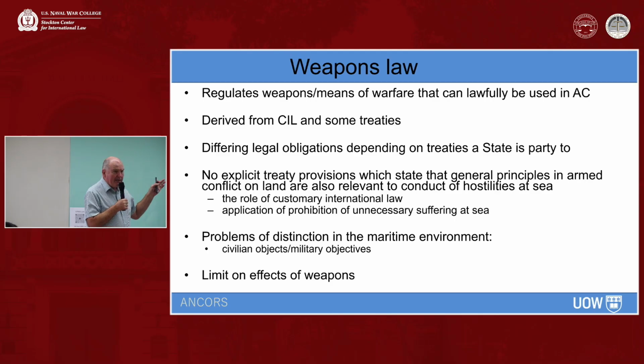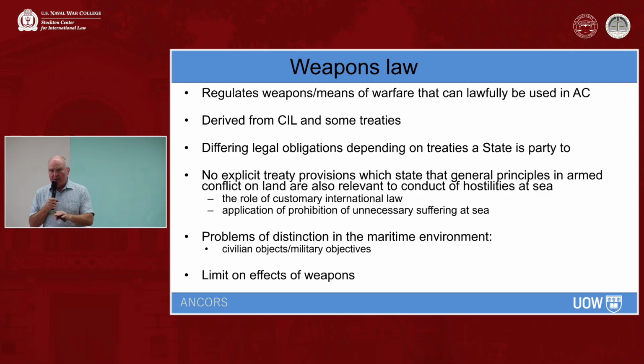We've talked already a couple of times this morning, in both Jay's presentation and Martin's presentation, about differing requirements that states have depending on their treaty obligations. So that's something that needs to be borne in mind as well. Also picking up on what Martin was talking about earlier, there's nothing explicit in relation to treaty provisions that says that the general principles in armed conflict on land are also relevant at sea.